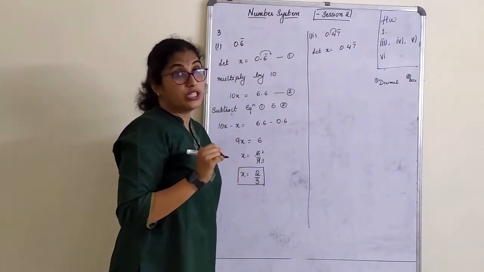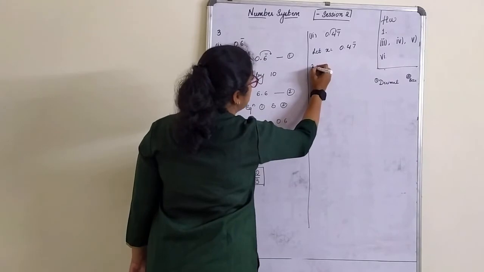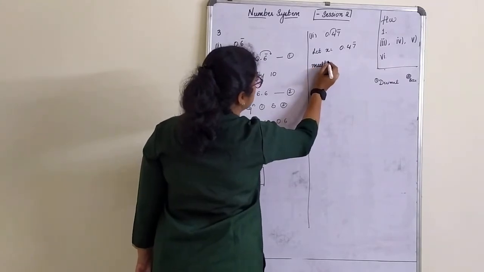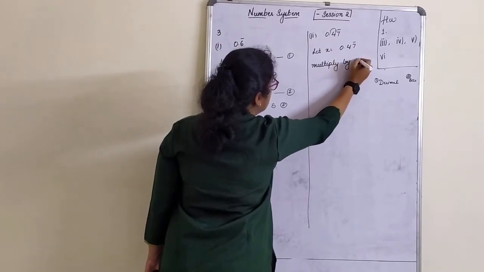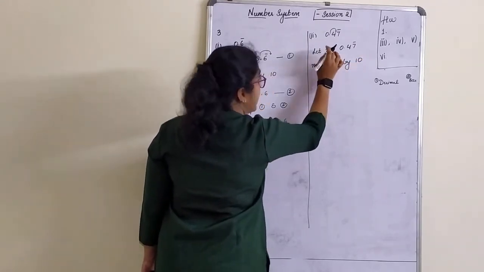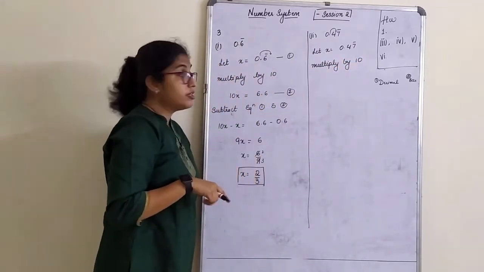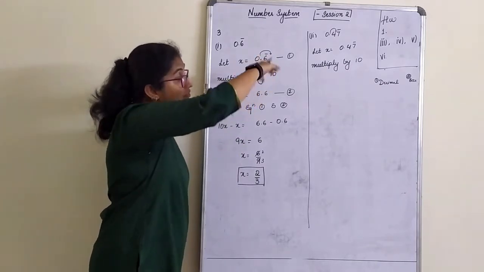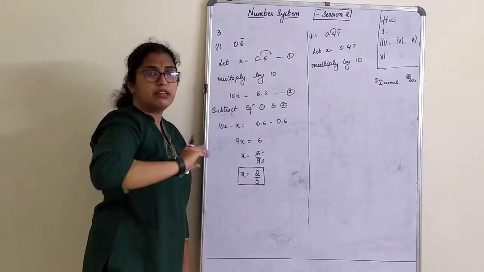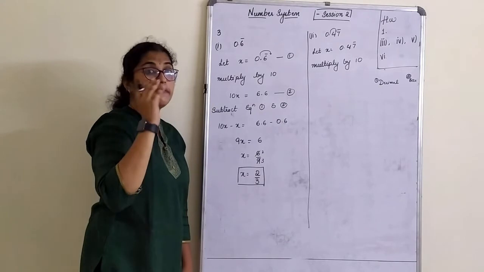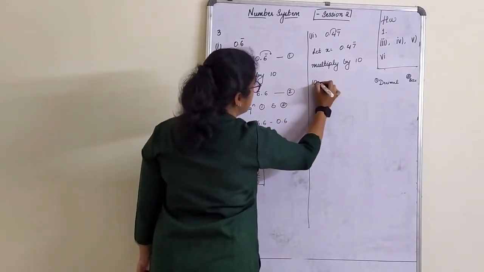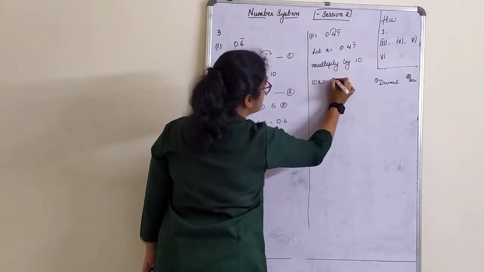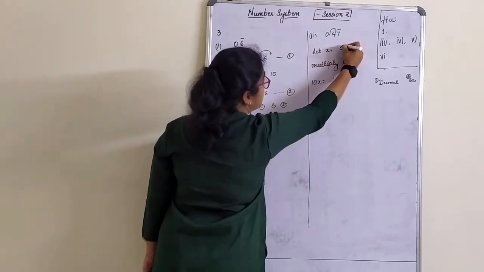I can't be touching that. Multiply by 10. I will not name this equation as 1 because I will have further multiplication. The last 2 multiplications only we consider as equations 1 and 2. Multiply them by 10. 10x is equal to, one decimal will shift here now.